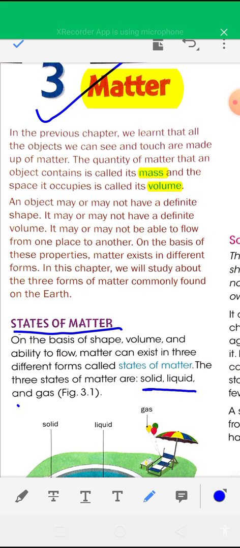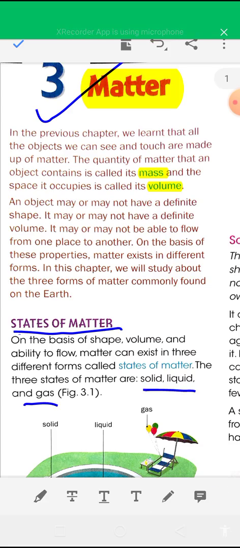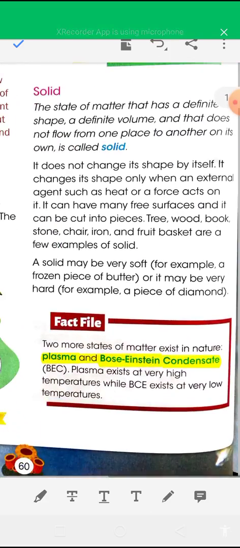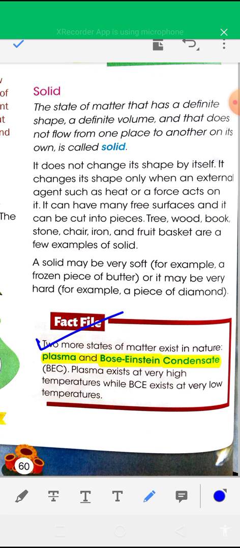And two more states of matter are also there. One is known as plasma, another is Bose-Einstein condensate. Plasma exists at a very high temperature, while Bose-Einstein condensate exists at very low temperature.